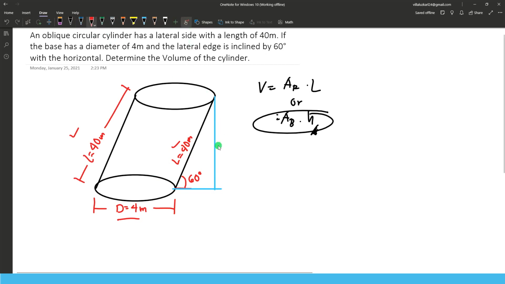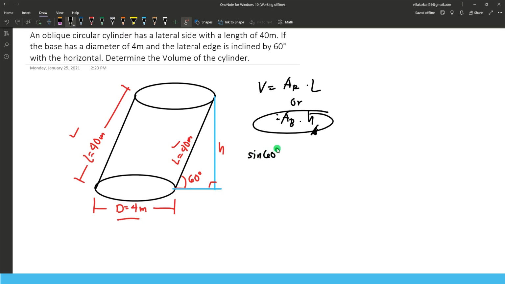So if this is H here, we can form a right triangle again, and our hypotenuse is this lateral side, 40 meters. Given an angle of inclination of 60 degrees, we can use the sine function. Using the sine function, we can determine H.